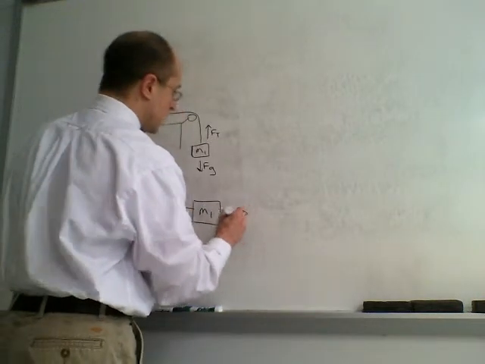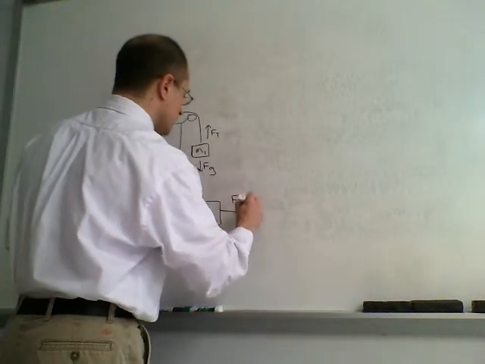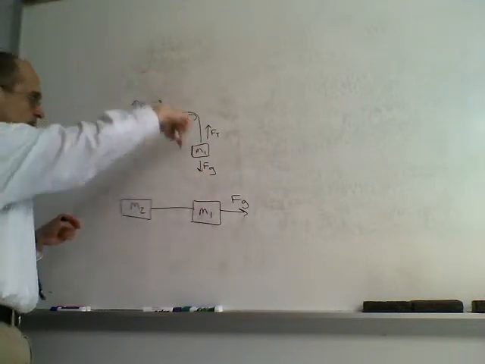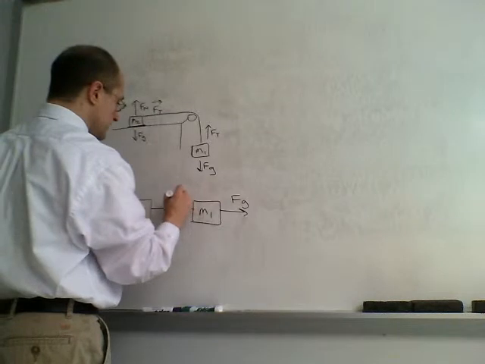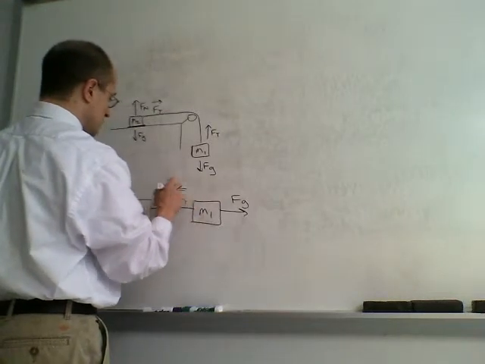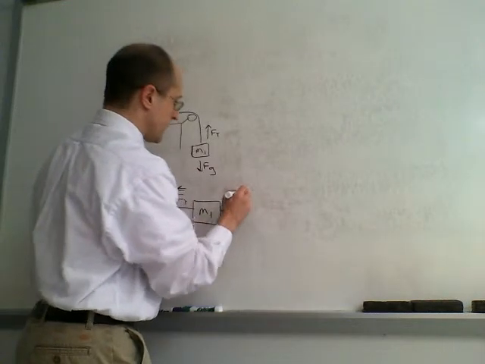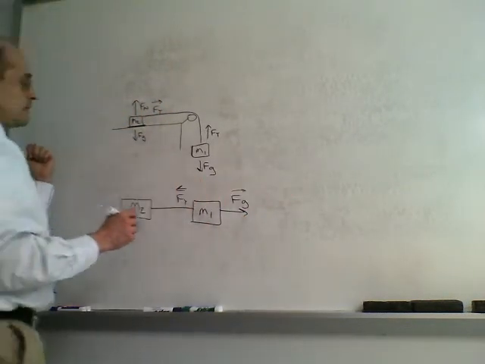Now the force of gravity, even though we have to mentally rotate this picture, is causing this block to want to move downwards. And then there's a force of tension pulling it this way. So you can think about the force of gravity as trying to pull it to the right, and the tension is pulling it to the left.